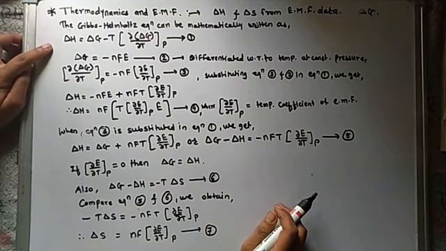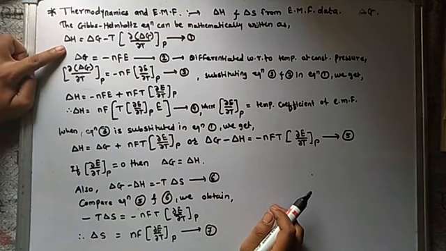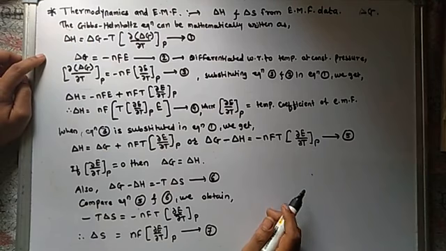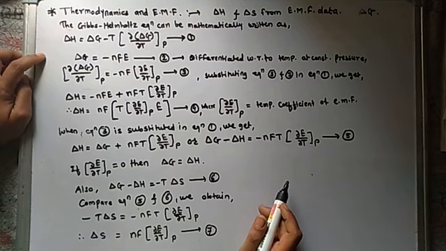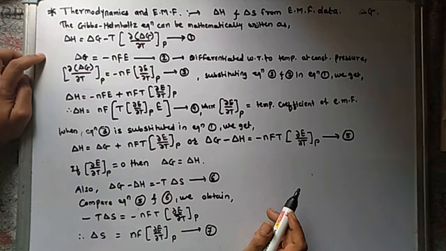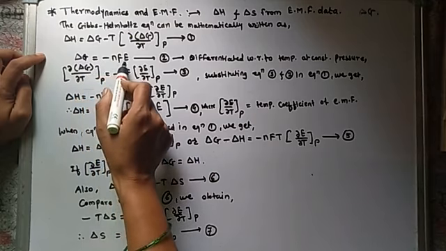In this equation, delta H is the change in enthalpy at a temperature T, and delta G is the change in free energy at temperature T. We already know the fundamental relationship between EMF and delta G, delta G equals minus NFE.